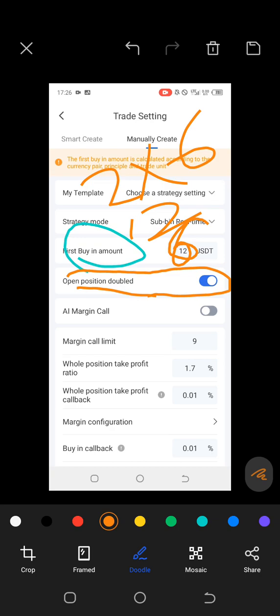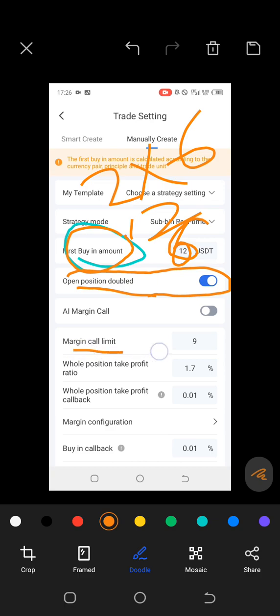It will not open double position for the number of times if you've put 1. So when you put 1 time, meaning $6 times 1, that's what it means. It's not going to take $12 times. The $12 will only be taken at the first buy-in amount. Wonderful. You got it.